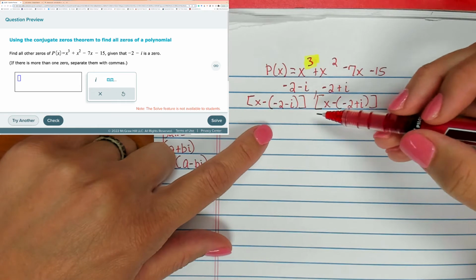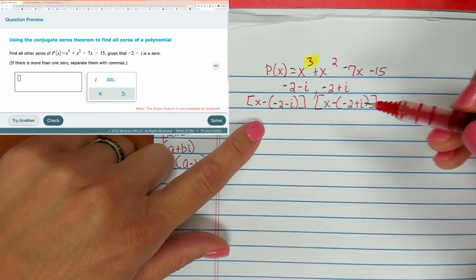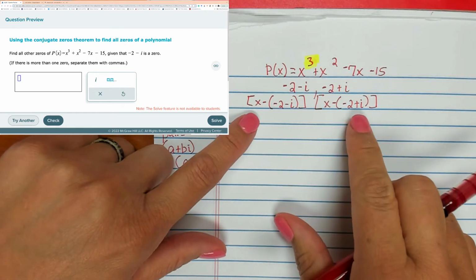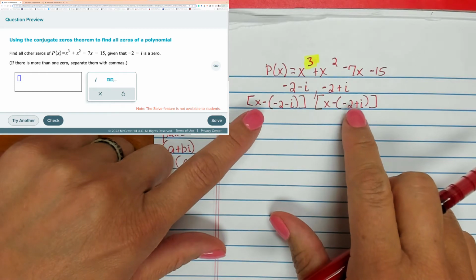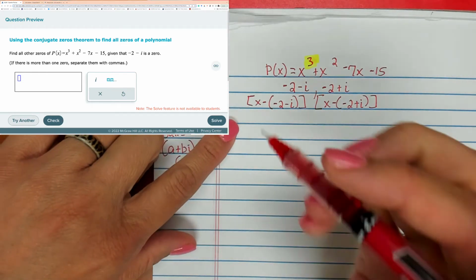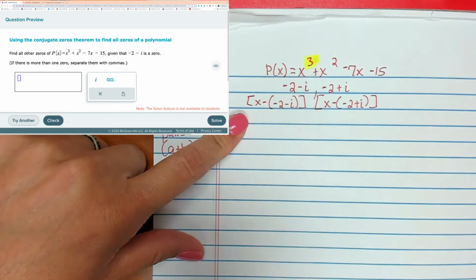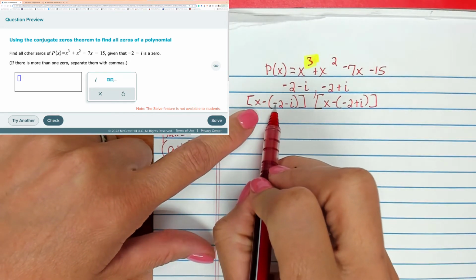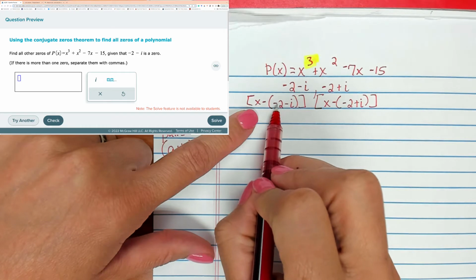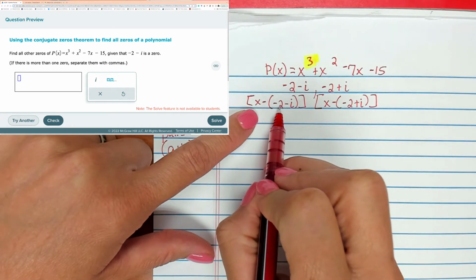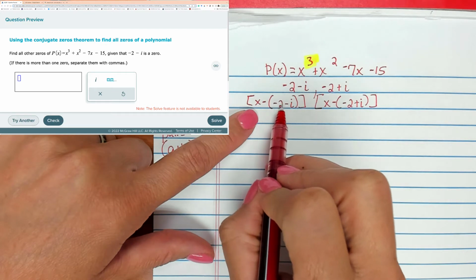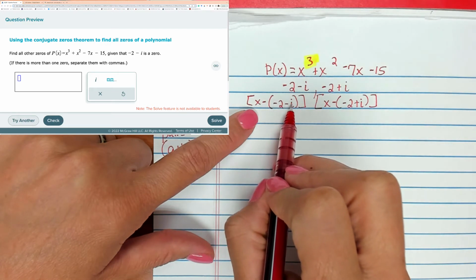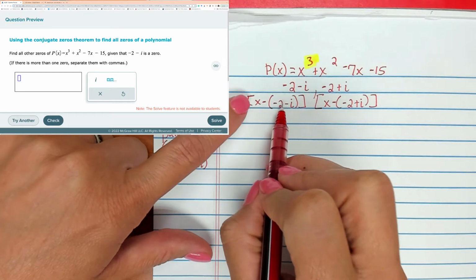What I'm doing is I'm just multiplying these two factors together, okay? I have a trick here, a way that I like to multiply these, so y'all bear with me. What I'm going to do is distribute that negative through here, with that negative 2, that minus there with that negative 2, and I'm just going to leave the i. In other words, I'm going to shift these parentheses.